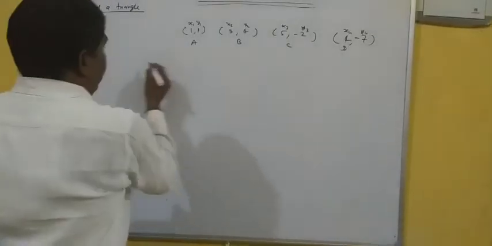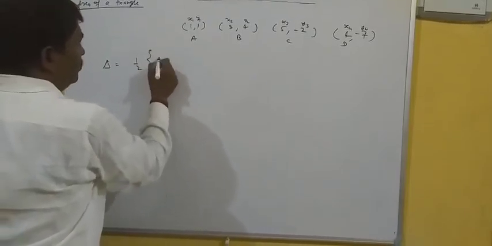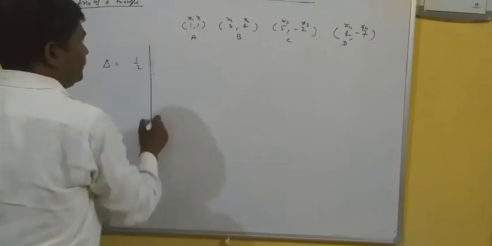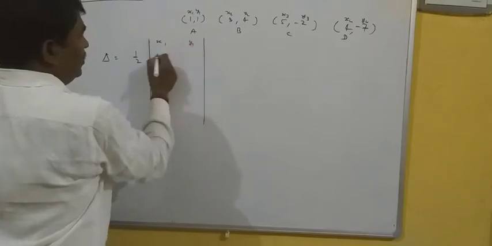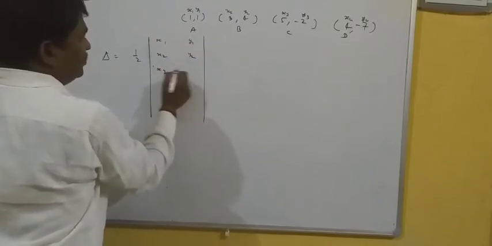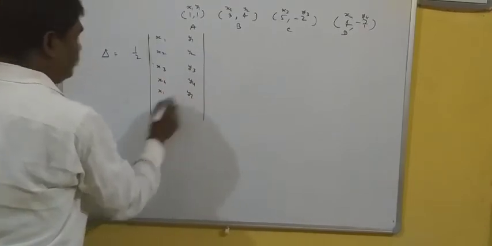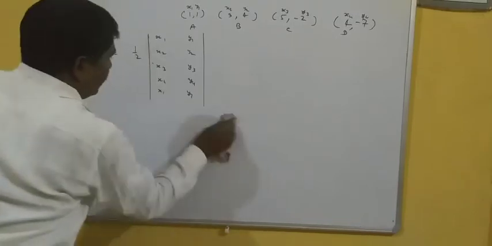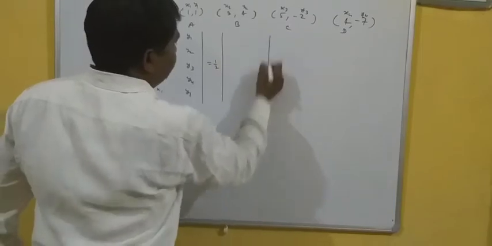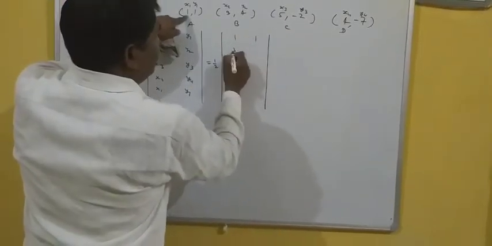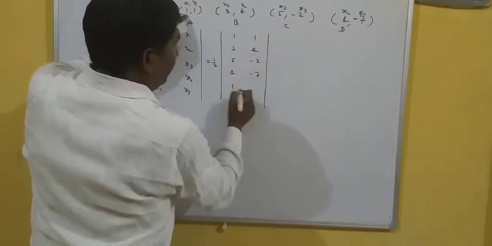Now applying again the formula, that is 1 by 2, x1, y1, x2, y2, x3, y3, x4, y4, again x1, y1. So putting these values, what do you get? 1 by 2, x1, 1, 3, 4, 5 minus 2, 4 minus 7, again 1, 1 here.